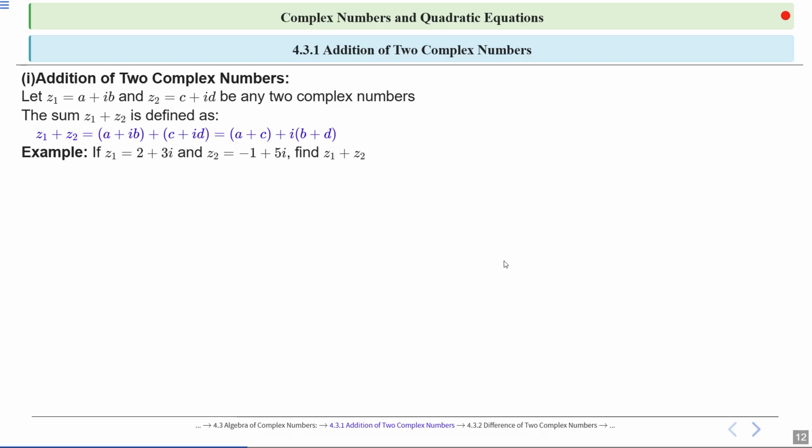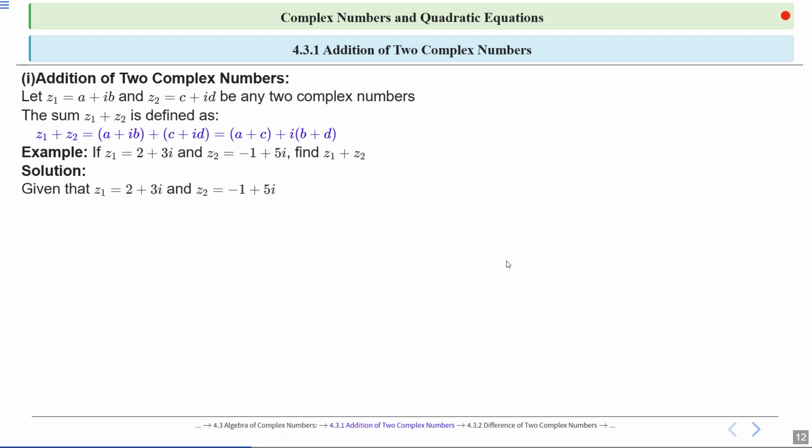Let's look at an example to make this clearer. Suppose Z1 is 2 plus 3 times iota and Z2 is minus 1 plus 5 times iota, and we have to find Z1 plus Z2. Let's solve this example step by step.